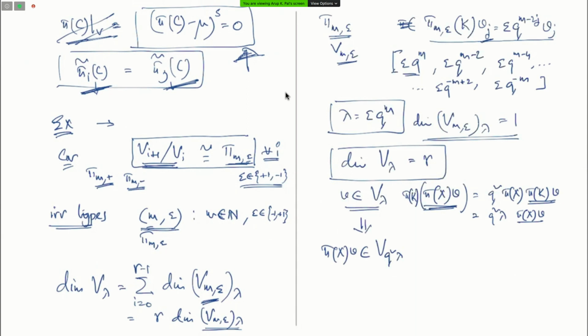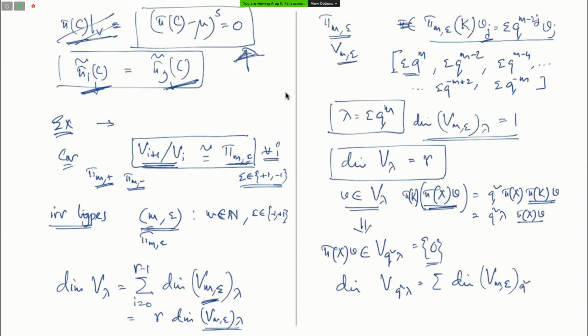But V_{q²λ} is 0 here, because the dimension of V_{q²λ}... lambda is not an arbitrary thing here. Lambda is specific, right?